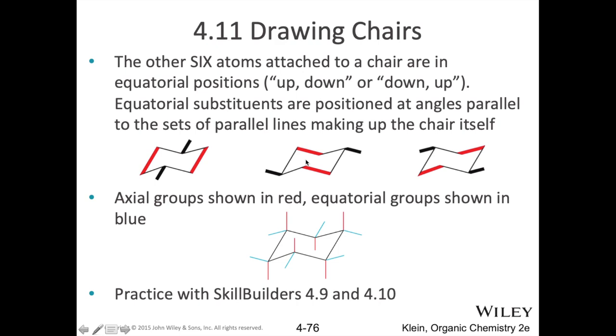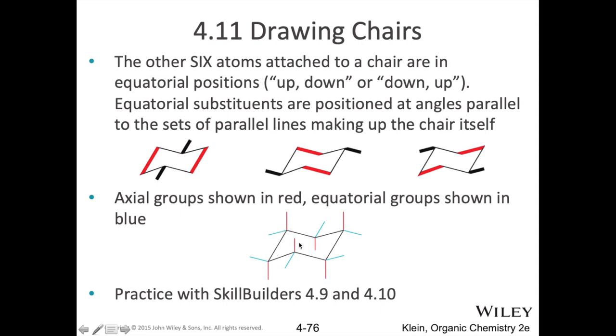They're roughly in the same plane, as opposed to the axial ones that are perpendicular to the plane. If you imagine this was like a globe that spins on an axis, your axial ones are parallel to that axis, whereas your equatorial ones are perpendicular to it, roughly around the equator of that spinning cyclohexane. Okay. So here are all the attachments to each of those carbons.